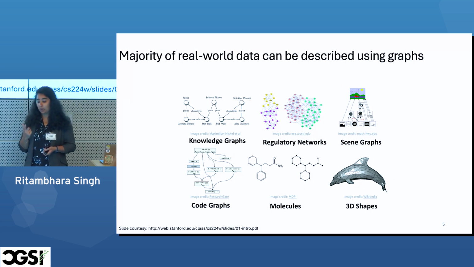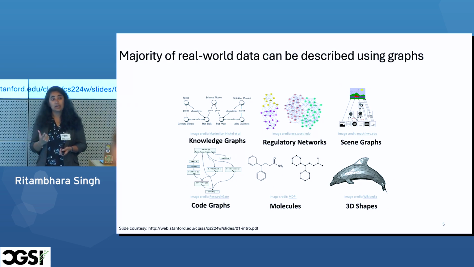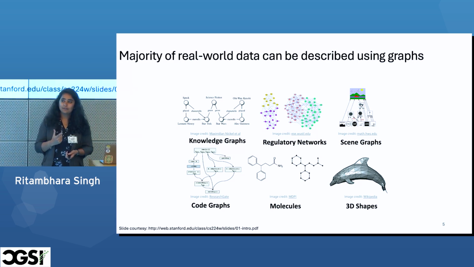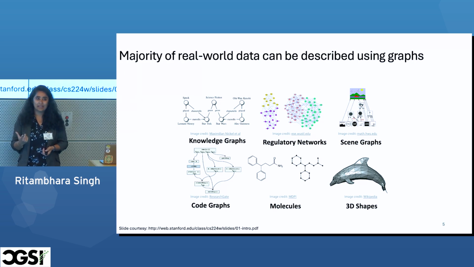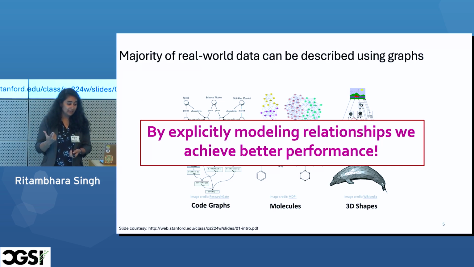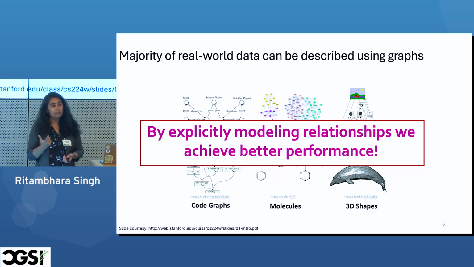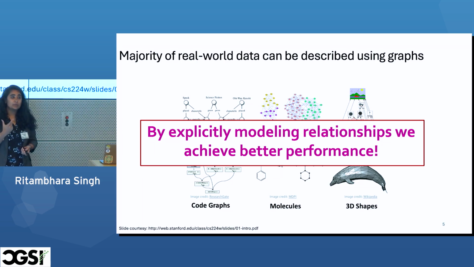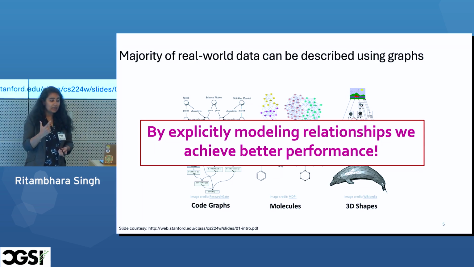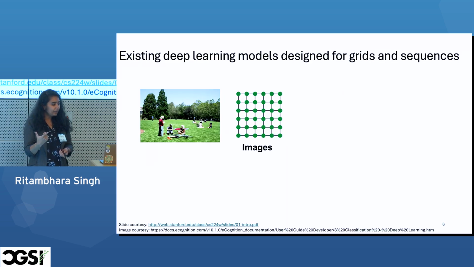Regulatory networks, molecules, and even 3D shapes can be described using a graph. So if so many data sets can be modeled as graphs and deep learning is really nice, then the idea is that we want to build deep learning models that can explicitly model these relationships in the data sets, because that will lead us to better performance.